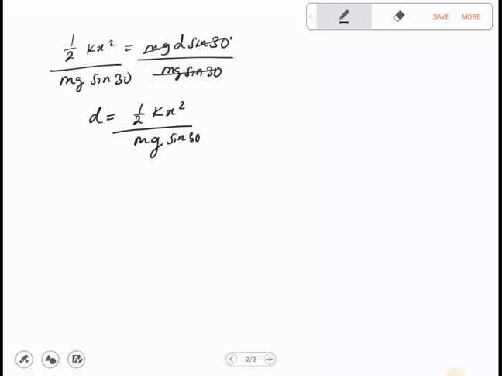Let's plug in the values. So which is half. The spring constant is 625. We are multiplying by... Now, here's one thing that you need to know here. Let's go back.